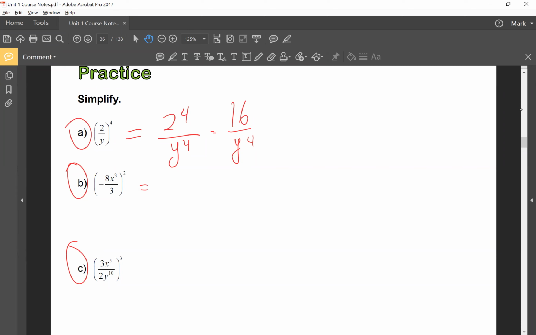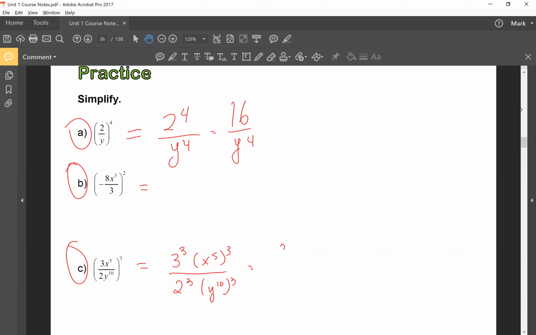Let's skip B for now. Let's do C. I think it's easier. So I want to put that exponent with everything. So 3 to the power of 3, x to the power of 5 to the power of 3, 2 to the power of 3, and then my y.